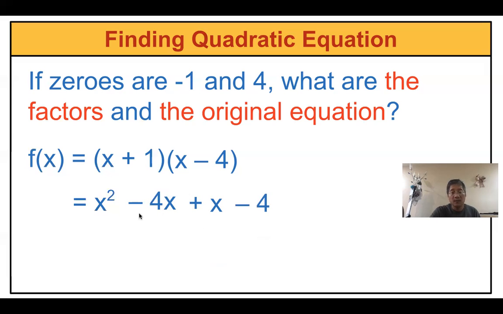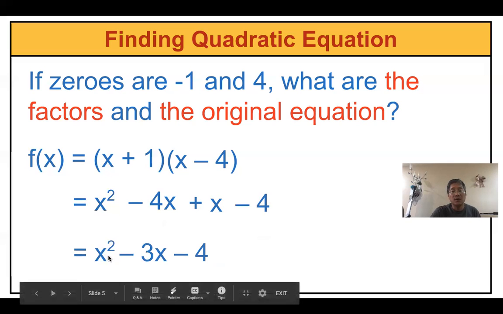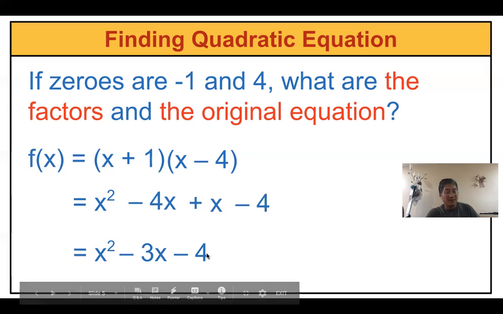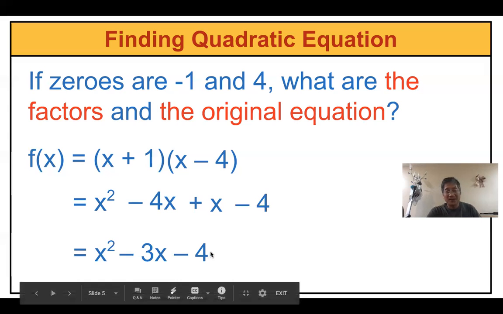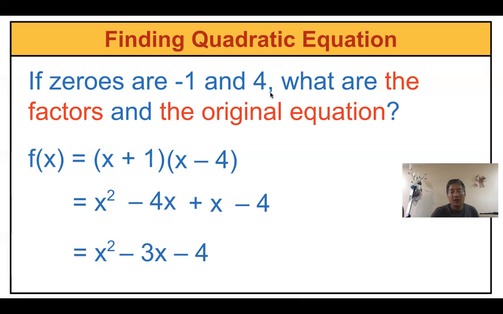Negative 4x and 1x. If you combine, negative 4 plus 1 is negative 3x, right? So your final answer is x squared minus 3x minus 4. Is it difficult? No, right? It's very simple. So today we learned when you have two integer zeros, how to find the factors. All right?